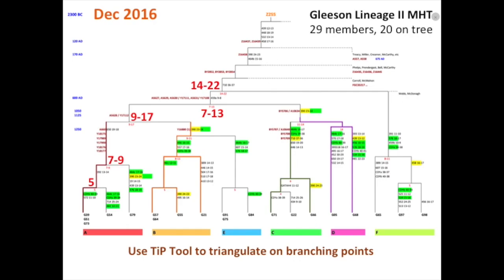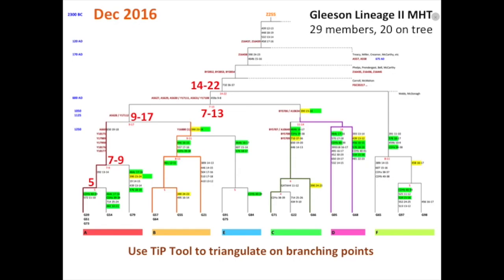One of the comparisons was 7, one of the other comparisons was 9 generations. Going back here, comparing and triangulating all these people onto this branching point here, you get a midpoint estimate of anywhere from 9 to 17 generations ago. And then the next branch up is 7 to 13. And the next branch up is 14 to 22. So you see that this is a very, very crude way of estimating and dating those branching points.